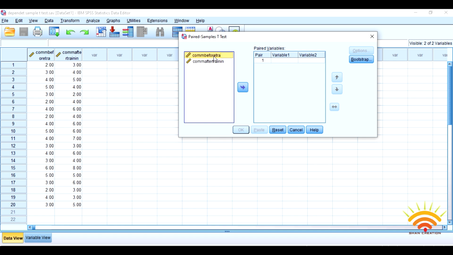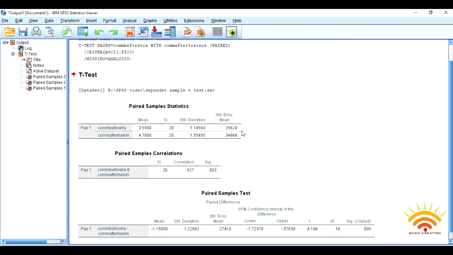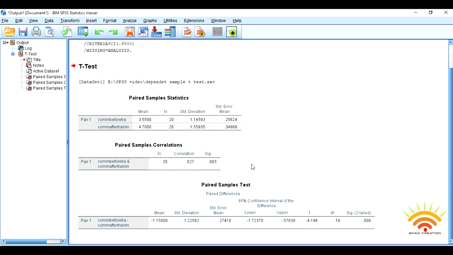Now you have to bring those pairs into the paired variables box. Bring commitment before training as variable 1, pair 1, then commitment after training as variable 2. So you have one pair, variable 1 and variable 2, the commitment in two different periods. Then click on OK. Now we have the outputs of the dependent sample t-test.